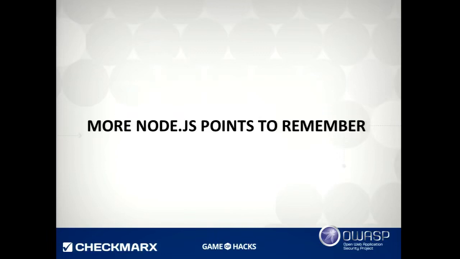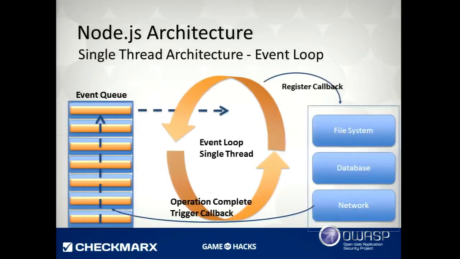So a couple of other Node.js things, more generic things about Node.js. First, let's talk about Node.js architecture on a high level. Node.js is a single-threaded, event-loop-based system. We have an event loop that processes events very quickly and hands out tasks to handlers: I/O handlers, file system, database requests, things like that.